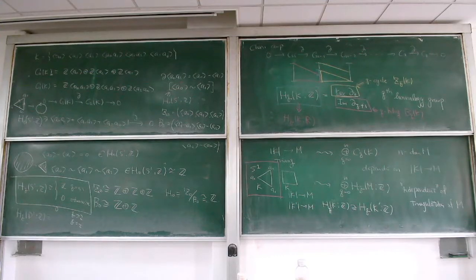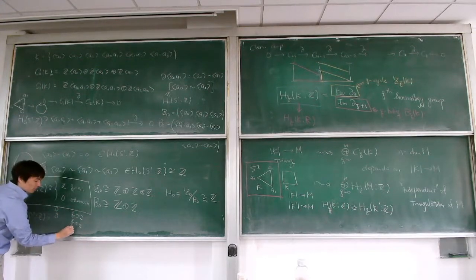How do you see that? Z2 is 0. How do you see that? The boundary of this triangle, okay, inside is the boundary, right? So it's non-zero. So therefore it's non-zero.